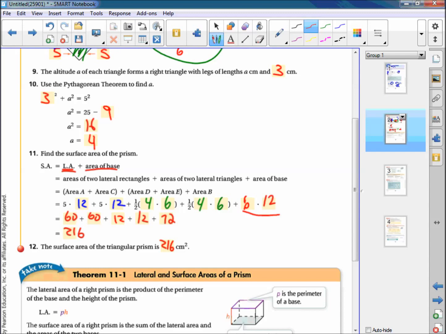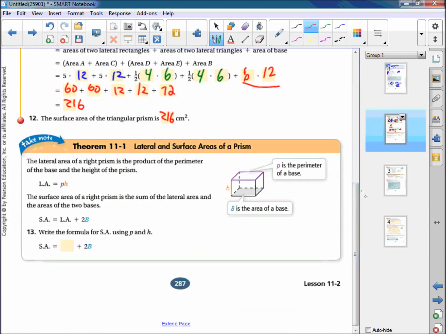All right, so the real way that we do prisms, because we don't usually unfold it and talk about it, is we just say the surface area of a prism is the lateral area plus the areas of the bases. Our formula is going to be surface area is equal to the lateral area plus 2 times the base.